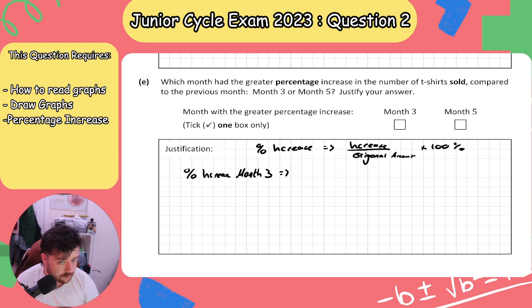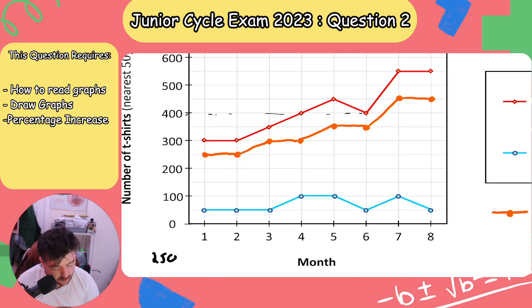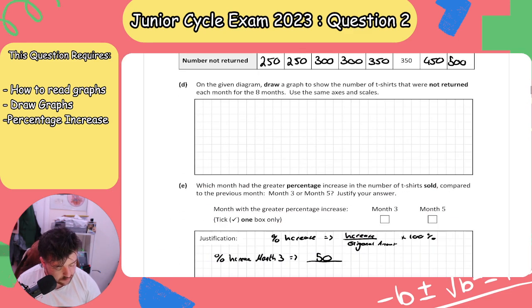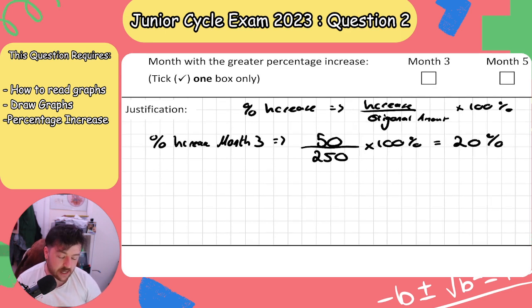So the percentage increase for month 3, well, I went up 50, and the original amount, on month 2, was 250. So I went up 50 from 250. So what percentage increase did I go up? I went up 20%. Right, so my percentage increase from month 2 to month 3 was 20%.